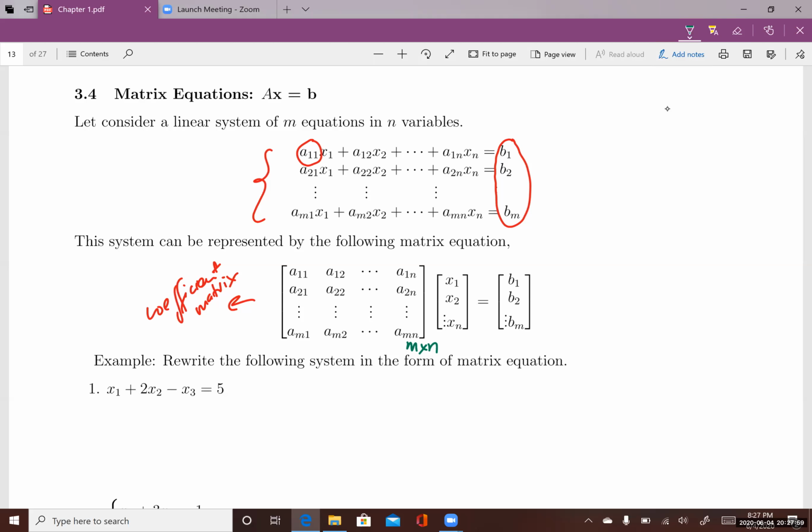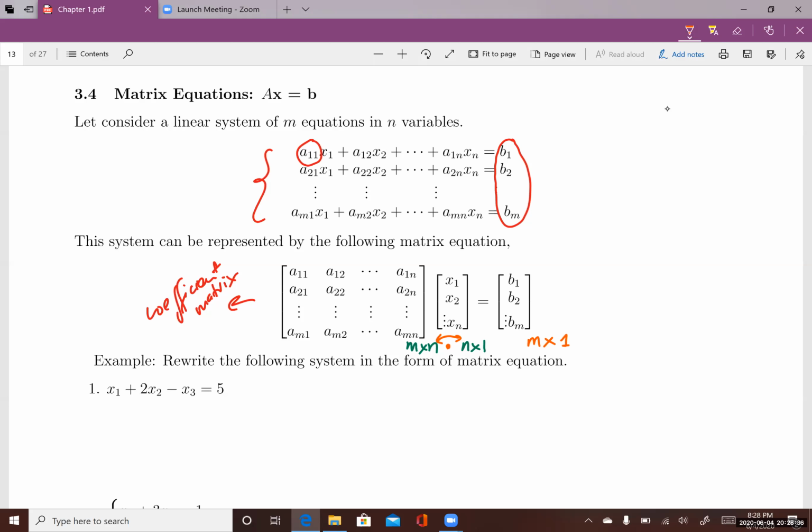And the variable vector, the column vector that contains all the variables, has a size of N by 1. It has N rows and only one column. So if you multiply these two together, since the column vector is an N by 1 matrix, you should expect a matrix of size M by 1.